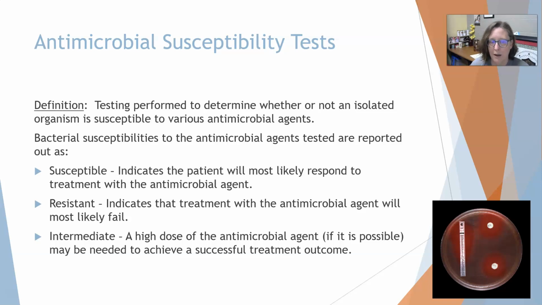This is because if you look at the whole testing process, from getting the sample to plating it, to letting it grow, to seeing the colonies and then doing the biochemical test and the antimicrobial susceptibility test, it can take 48 hours from specimen collection to the time you have results. Well, if there's an active infection, you don't want to wait 48 hours to treat it.